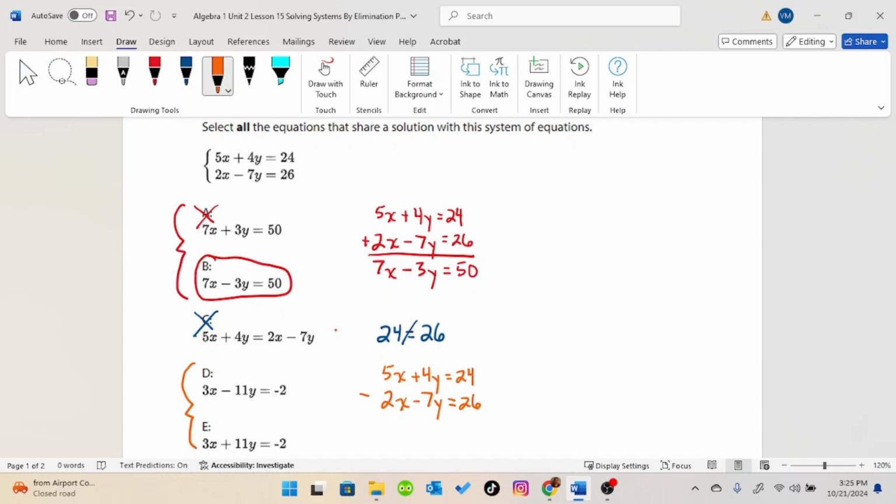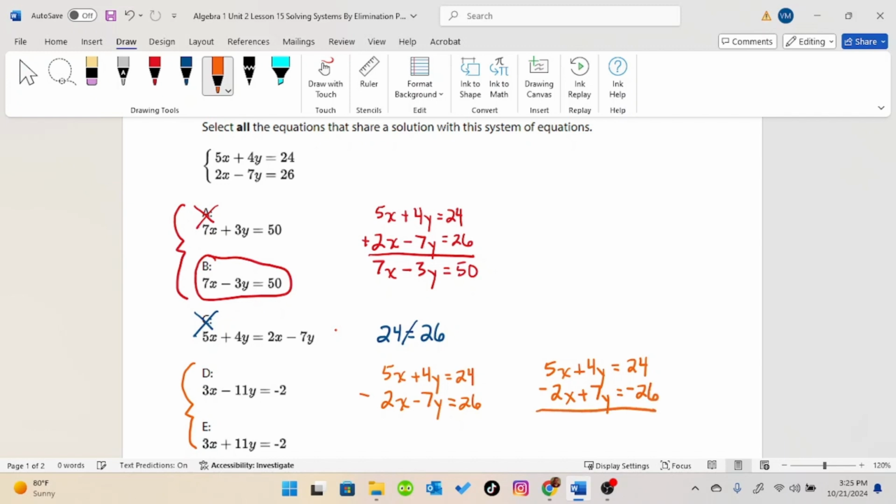Well, if I am subtracting, then the sign of everything I'm subtracting changes. This becomes 5x plus 4y equals 24 on the top, but it becomes negative 2x plus 7y equals negative 26.